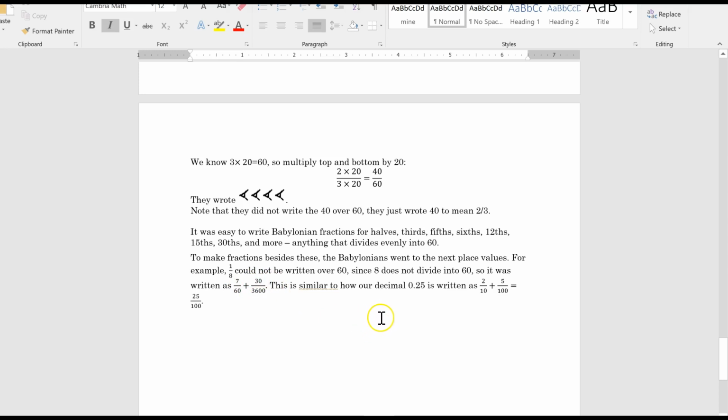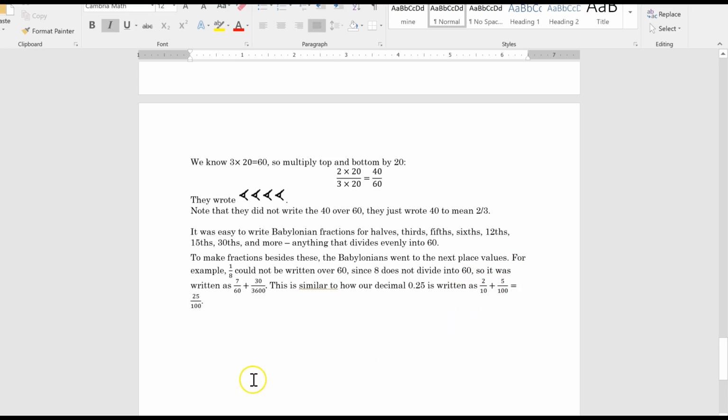Just like when they did whole numbers, but this is fractions. So to make the fraction 1/8, they would have to add these two fractions together. That sounds kind of weird, but actually we already do that. When we write the decimal 0.25, we mean 2 tenths and 5/100ths. We're adding two fractions together.